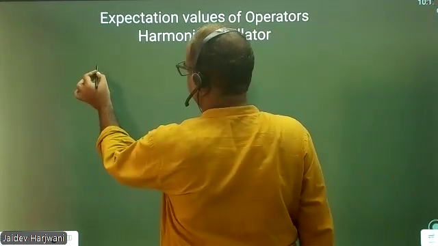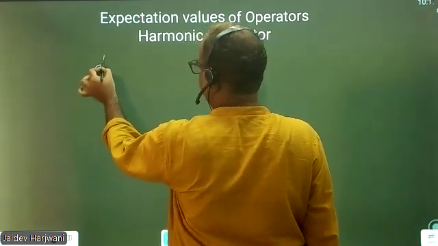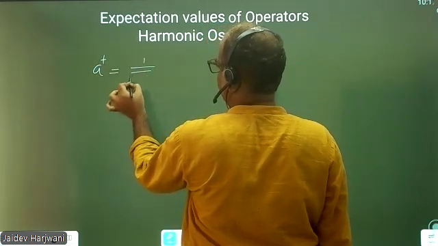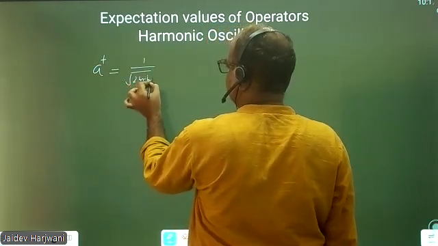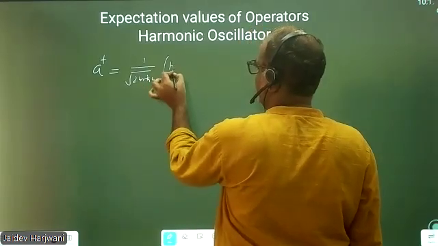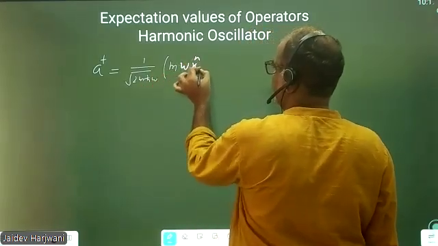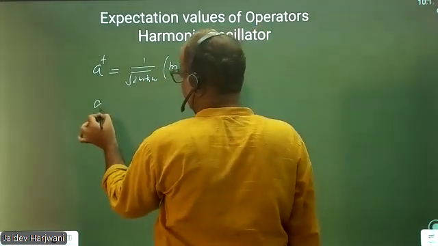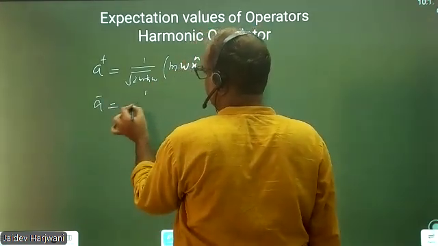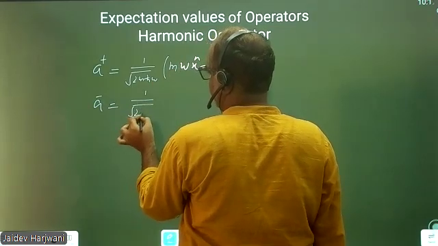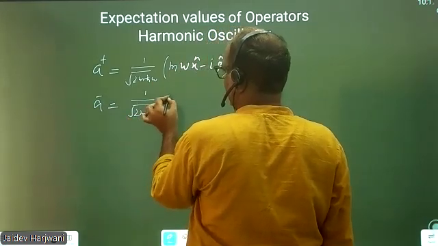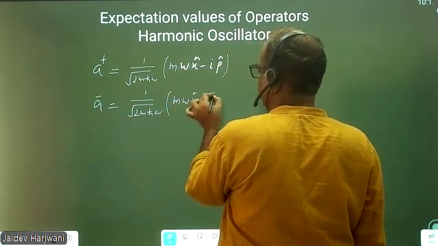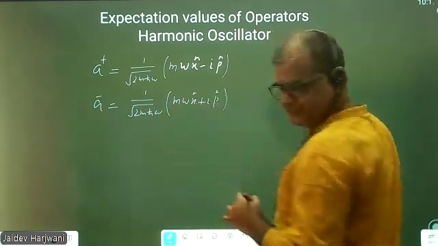We know the raising operator is given by a plus equals 1 upon root 2m h cut omega times (m omega x cap minus iota p cap), and a minus is given by 1 upon root 2m h cut omega times (m omega x cap plus iota p cap).